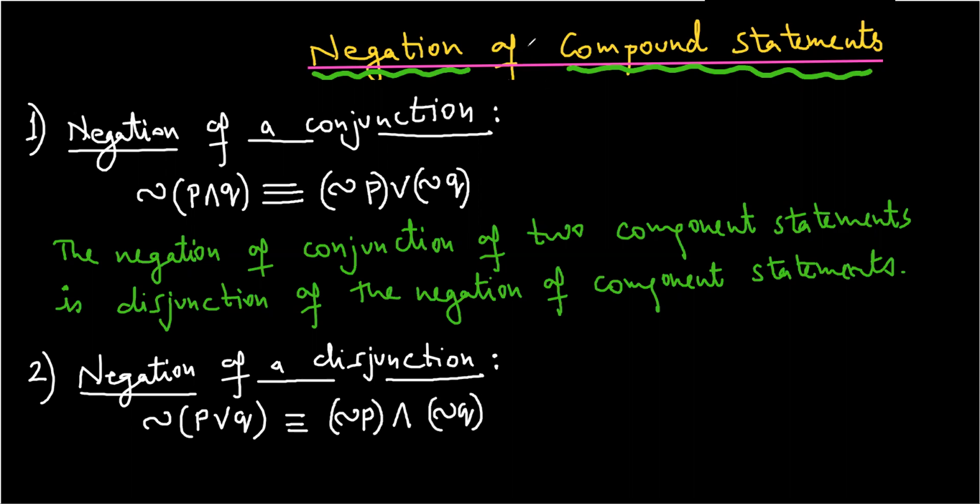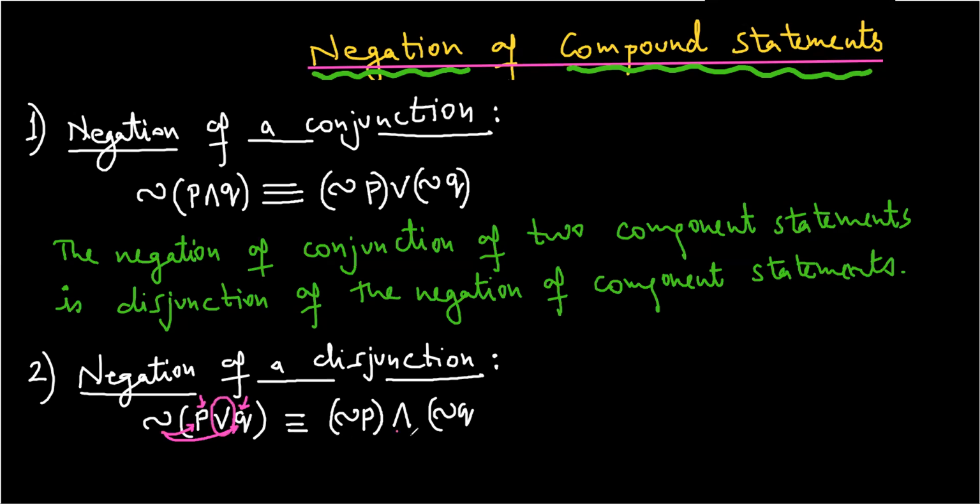In layman's language, when you had the negation of a disjunction, you just distributed the negation to both. You wrote negation for P, you wrote negation for Q, and you changed or to and.